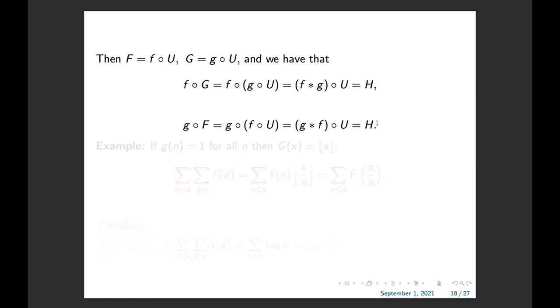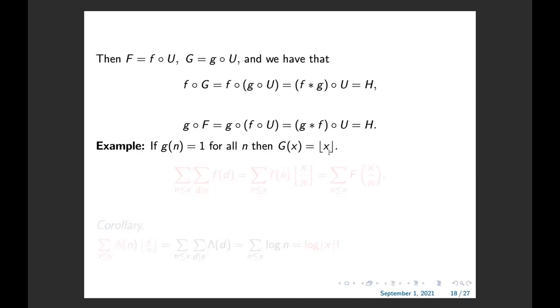So what is the point of using all this notation? Using these functions, we have some very nice identities. For example, if we consider g of n as 1 for all n, and g of x as this floor function of x, where the floor function is defined as the greatest integer less than or equal to x.